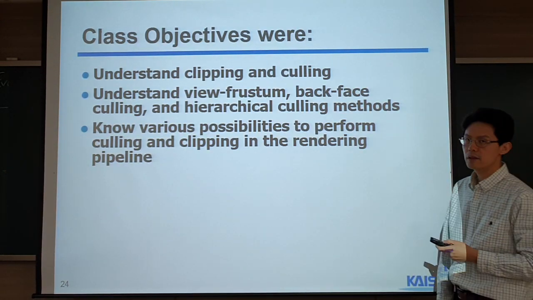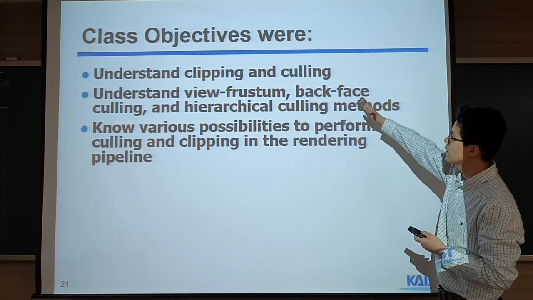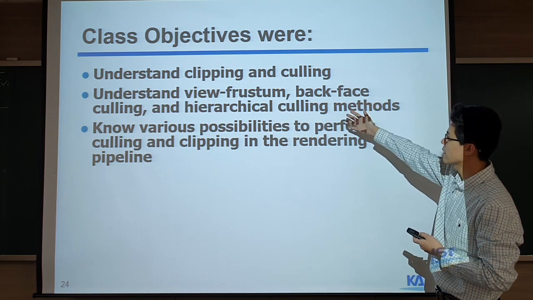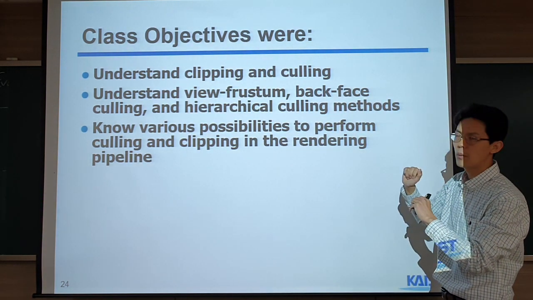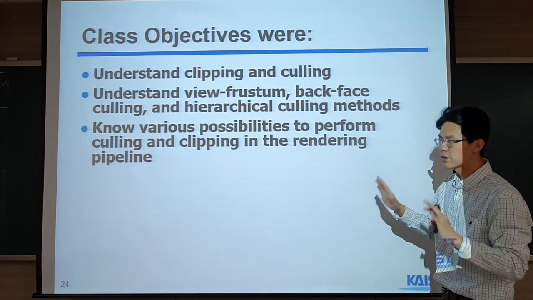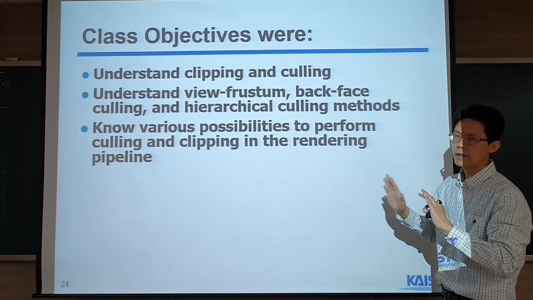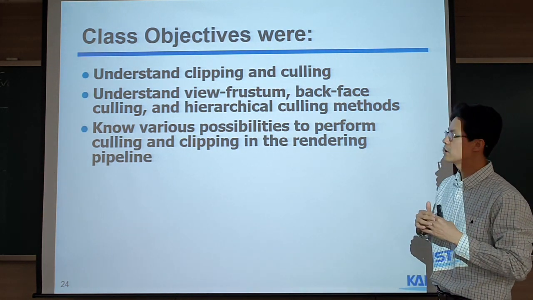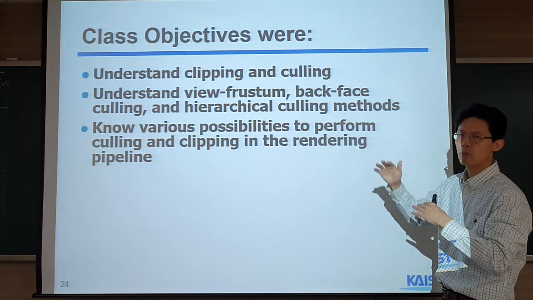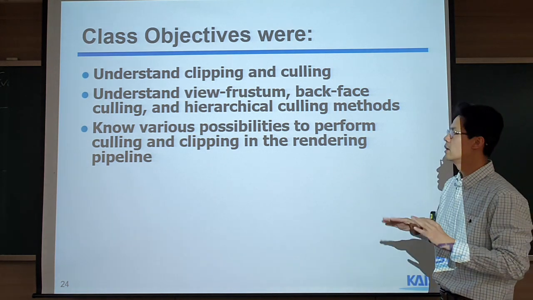So in summary, so far I talked about clipping and culling, with examples: view-frustum culling, backface culling, and hierarchical culling. There are many options for where we can do some operations, so there is no prefixed place for each operation. Basically we are talking about an engineering issue. There could be many places where we can do certain operations, and they always involve trade-offs, so you need to think about what the trade-offs are.